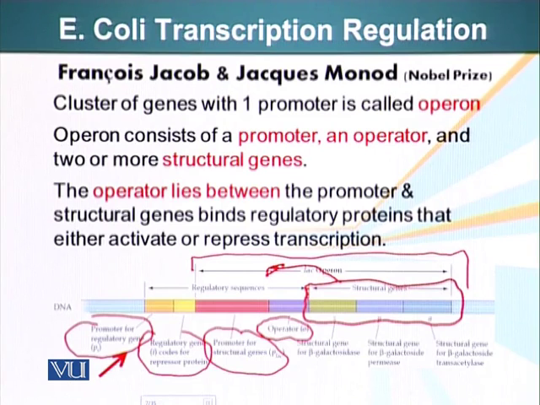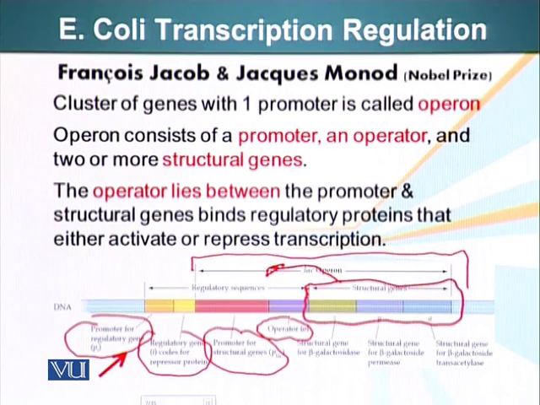The reason it is important is that bacteria prefer glucose as a source of energy, as a molecule they can degrade and extract energy from. E. coli lives in our digestive tract and we are not always eating glucose. Sometimes we eat lactose, which is the sugar present in milk.